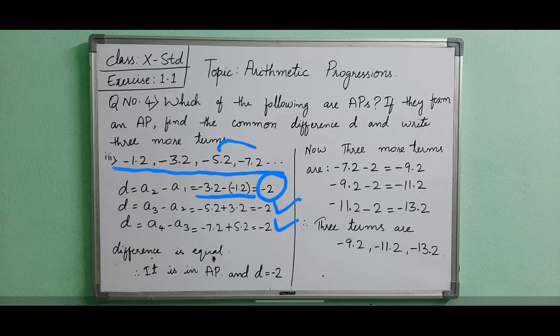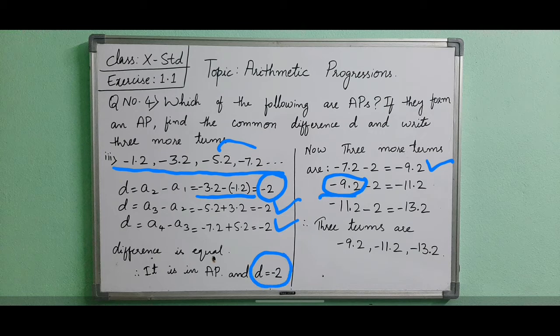Now when it is in AP, we have to find 3 more terms also. So in the last term, minus 7 by 2, we are adding the minus 2. Minus 7 by 2 minus 2 is minus 9.2. In minus 9.2, again we have to add the common difference. Common difference is minus 2. Minus 9.2 minus 2 is minus 11.2.